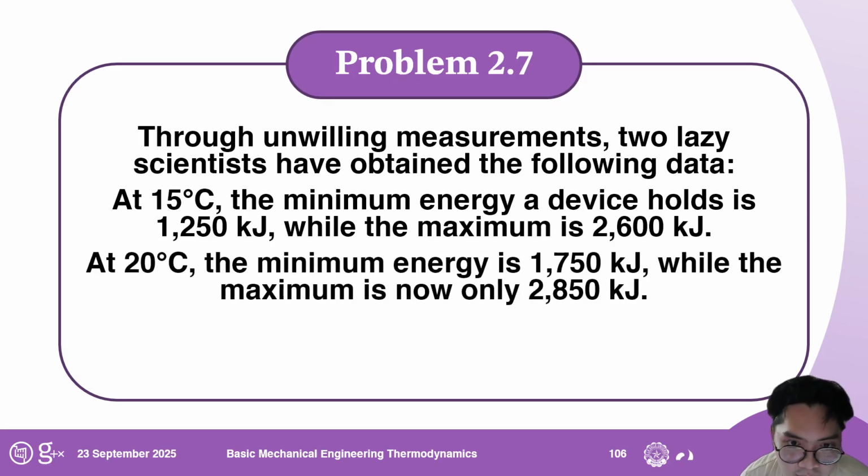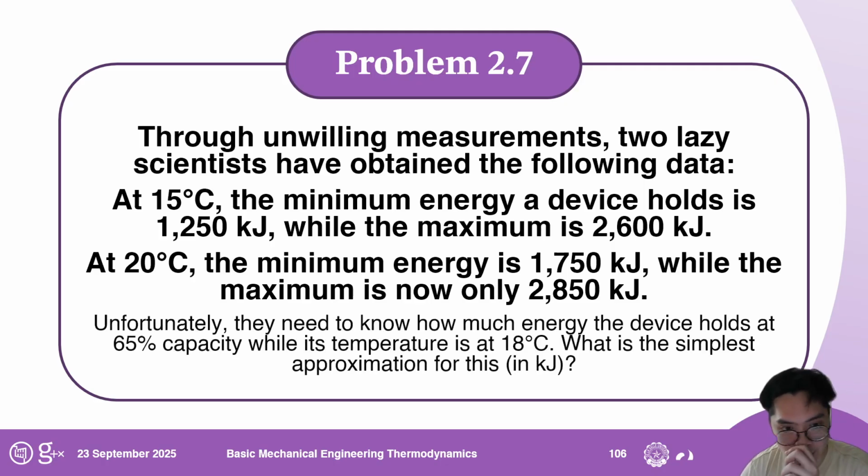At 20 degrees Celsius, the minimum energy is 1,750 kilojoules, while the maximum is now only 2,850 kilojoules. Now they need to know how much energy the device holds at 65% capacity while its temperature is at 18 degrees. What is the simplest approximation?